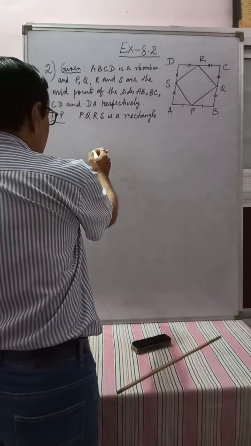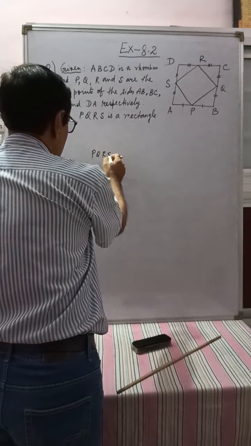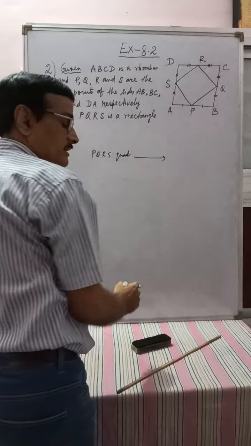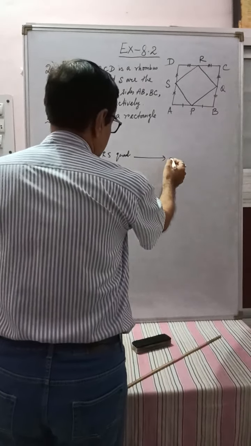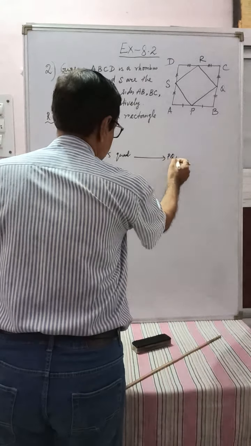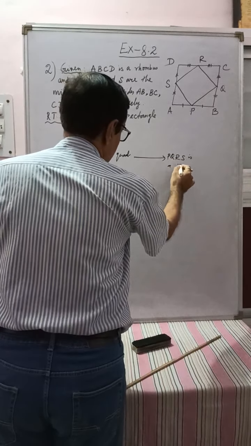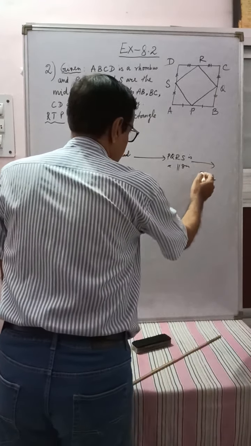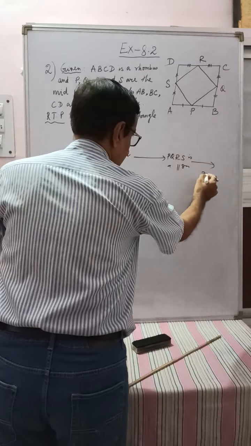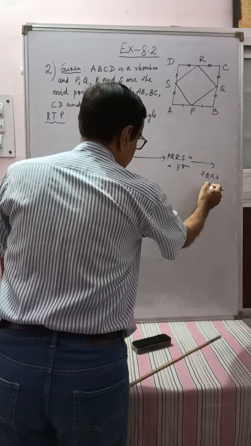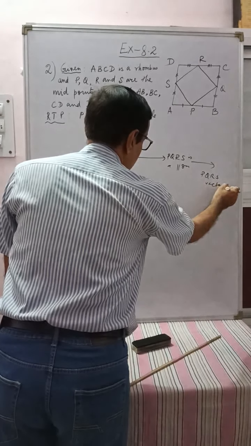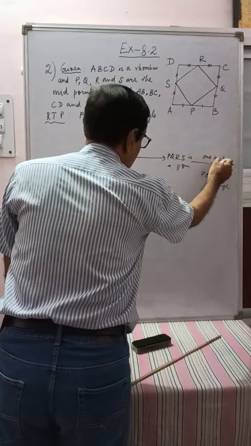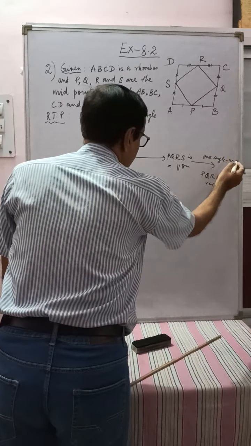Now, PQRS quadrilateral will become a rectangle. First we will prove that PQRS is a parallelogram, and then this parallelogram will become a rectangle when we can prove one angle is equal to 90 degrees.